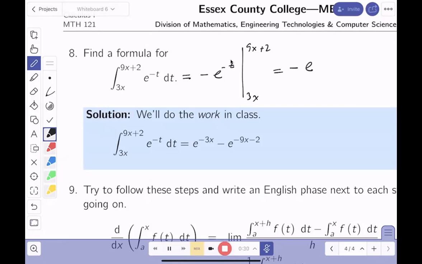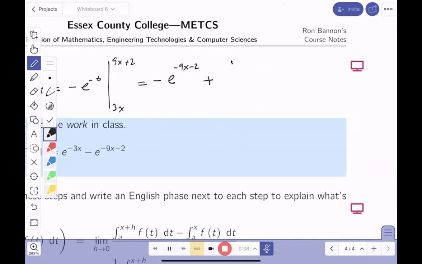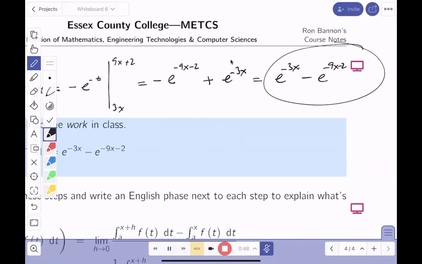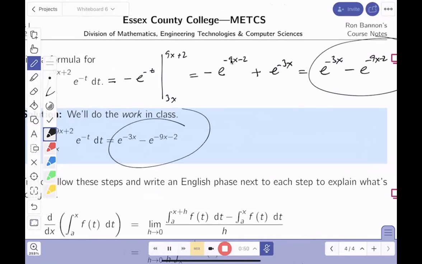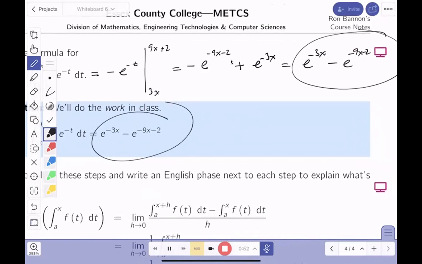Minus e to the minus 9x minus 2, minus a minus, which would be plus e to the minus 3x. I'm going to write it a little bit differently. Don't feel like you have to. Good, that's the key. See how we did? And we did fine. We got the right answer.